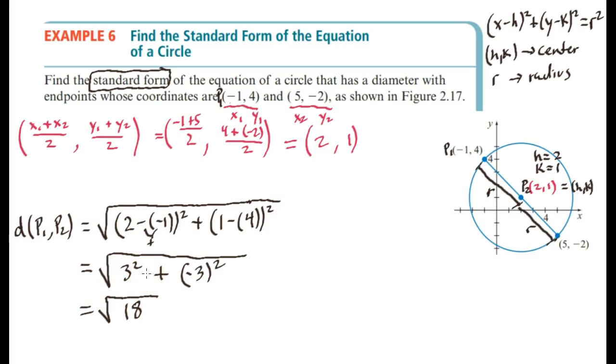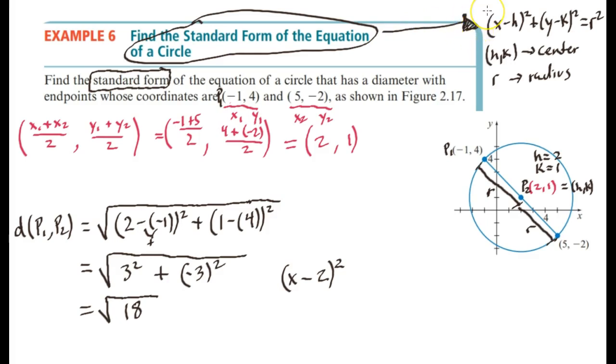And lastly, we just need to put it into our equation. So the standard form of our equation of a circle would be x minus h, which is 2, squared. Again, we're looking up here at the standard form.